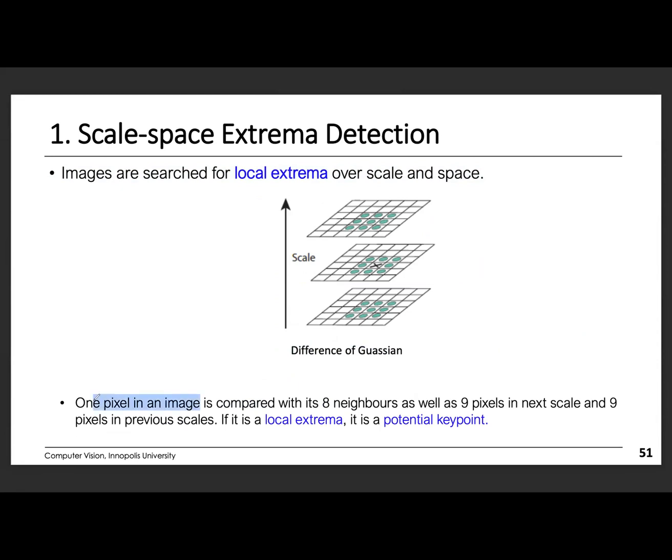One pixel in an image is compared with its 8 neighbors, as well as the 9 pixels in the next scale and the 9 pixels in the previous scale. If it is a local extremum, it is a potential key point. So this point is going to be compared to all of these points. If it is much bigger than all of them, then it could potentially be our corner that we're looking for.